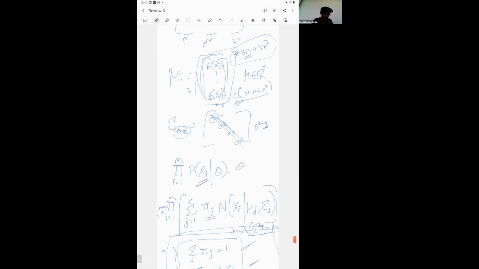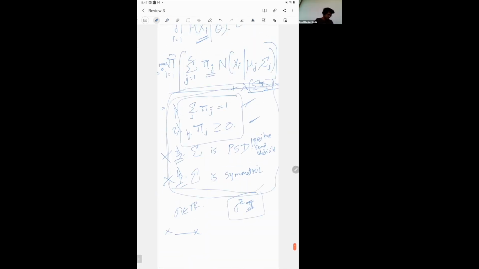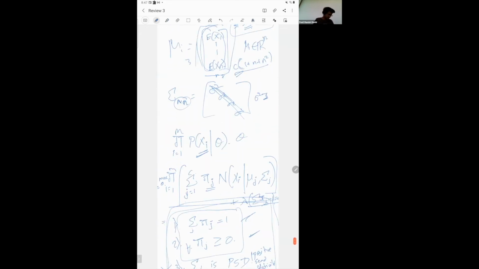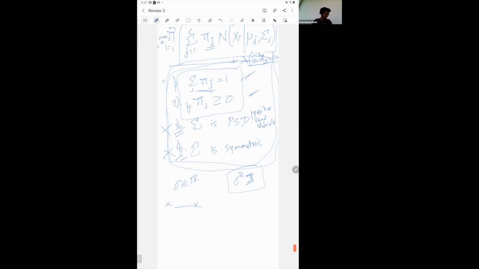Then these are the constraints that we need to take care of while obtaining these parameters. Since pi is a distribution that gives the probability of each of the Gaussians, and since it's a discrete distribution, the sum of pi should be 1 and each pi should be positive.